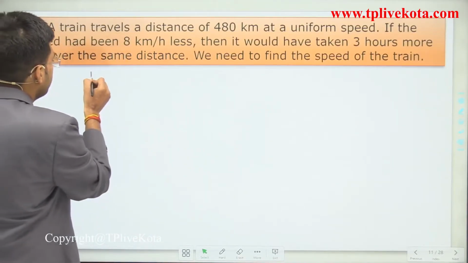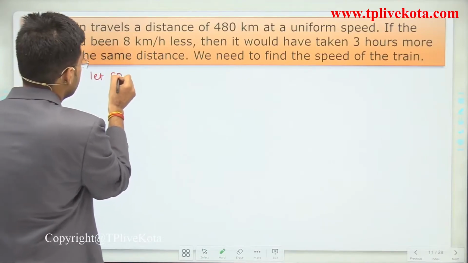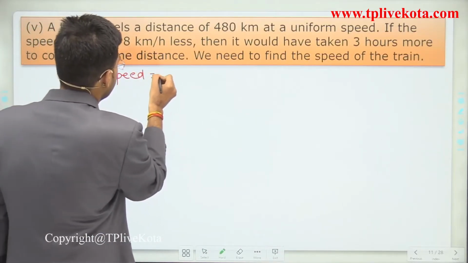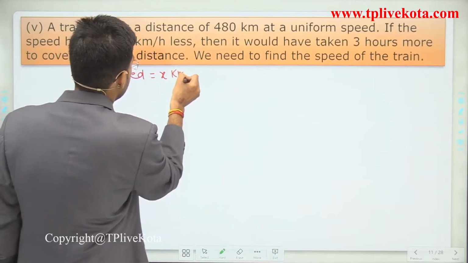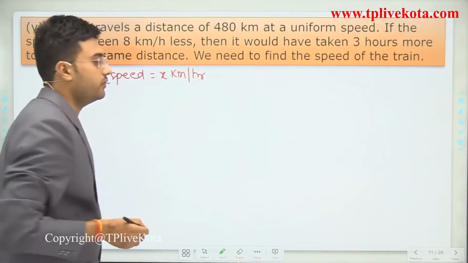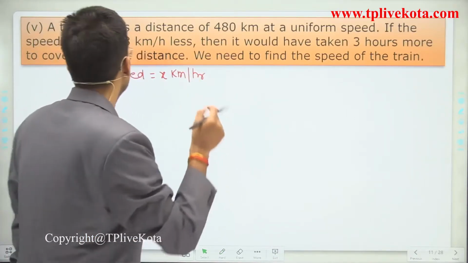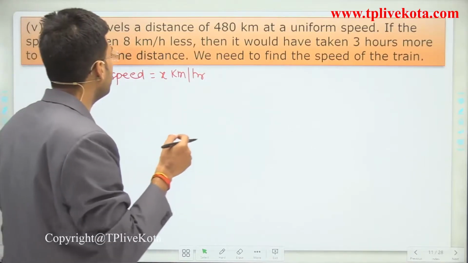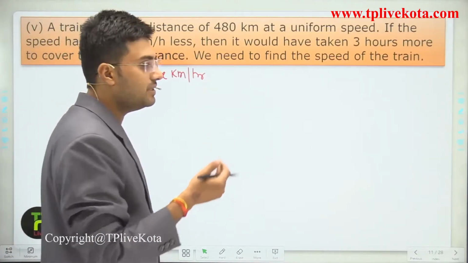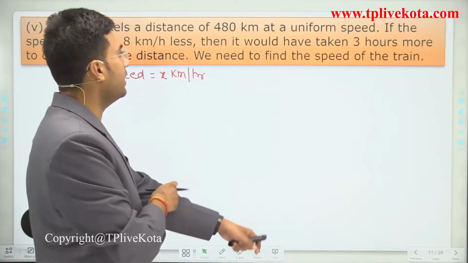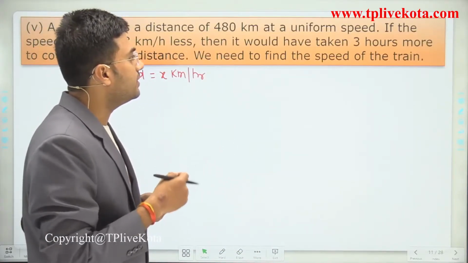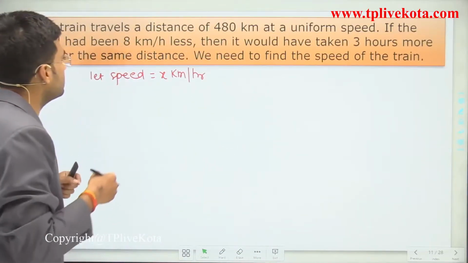So let the speed be x kilometer per hour. If the speed had been 8 km per hour less, that means x minus 8, then it would have taken 3 hours more to cover the same distance.